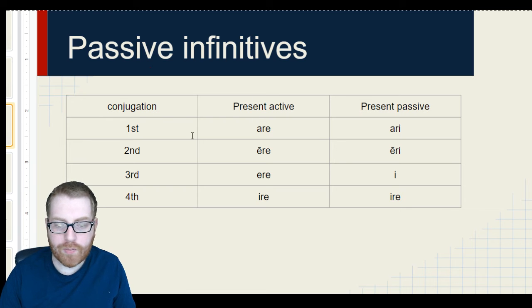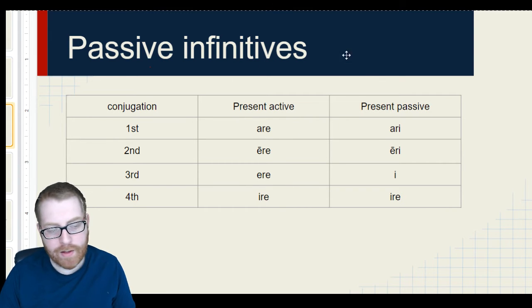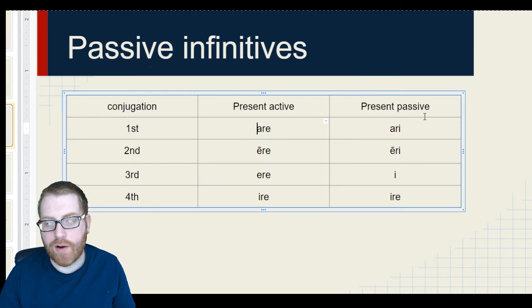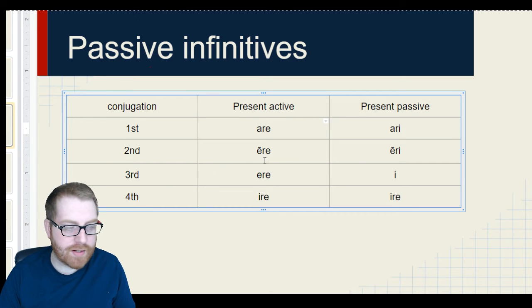So again, first conjugation as the present active, and we're going to get more tenses of these infinitives. Obviously not this year, but next year you'll get some more tenses of these. So we go from ARE to ARI in the passive, or ERE in the active goes to ERI in the passive, and then third, because it's awful, it goes from ERE to I. No, it's not.